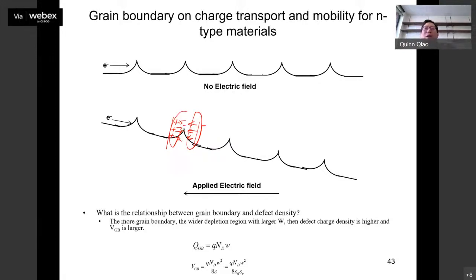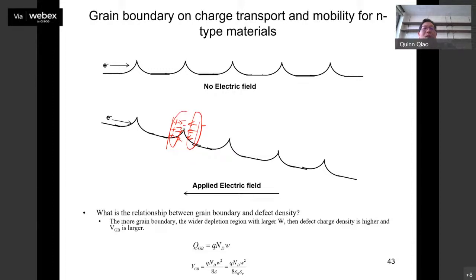Okay, yeah, that one either you add more electric field to that existing electric field, or the other way you cancel that. So I don't know which one is more dominant. Like, this type of band bending will be there or not.